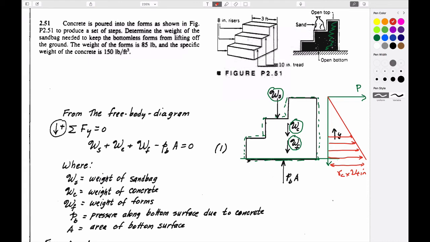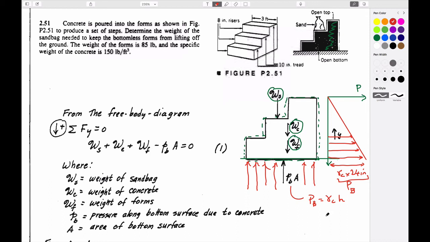And so the pressure that's acting here has to be exactly this magnitude. So this is P_B, the pressure at the base. And P_B is equal to the unit weight of concrete multiplied by the height. This height is 24 inches.